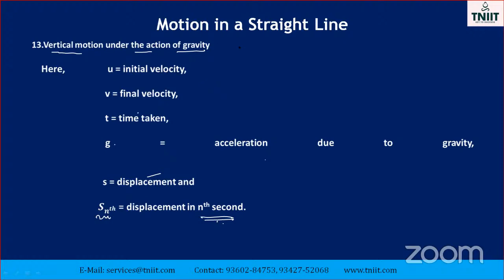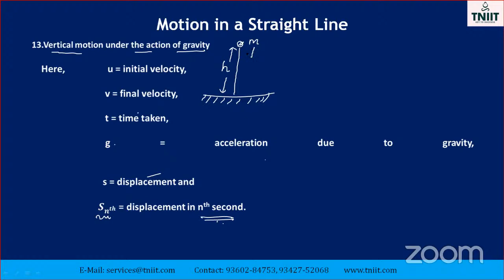Example. Now, I'm going to consider the Earth surface. From the Earth surface, I've taken a particle to a certain height over here. This particle mass is m, height is h.